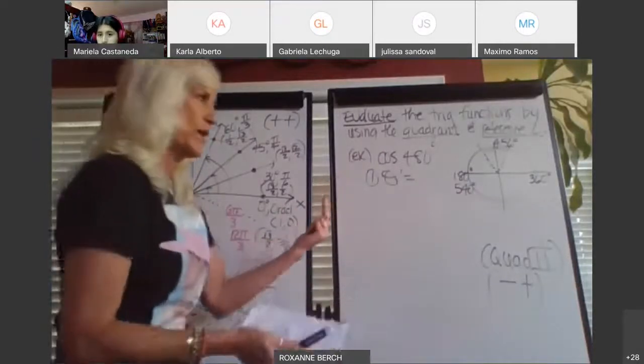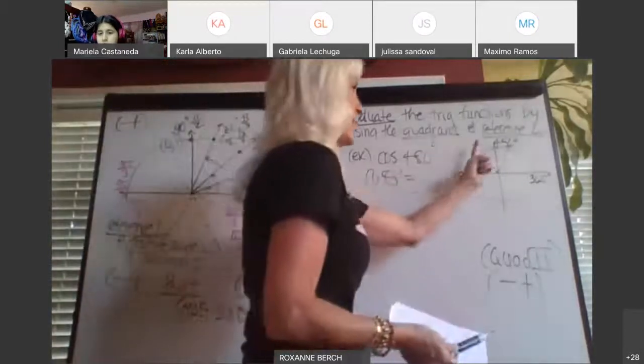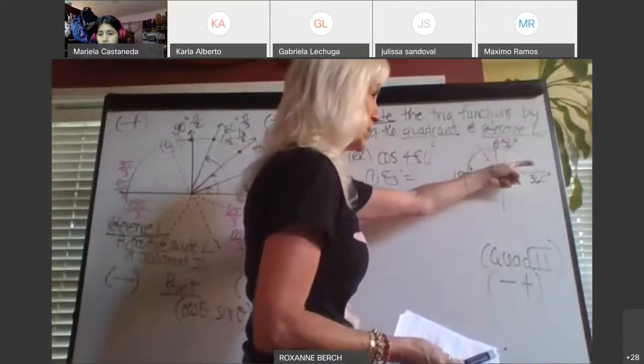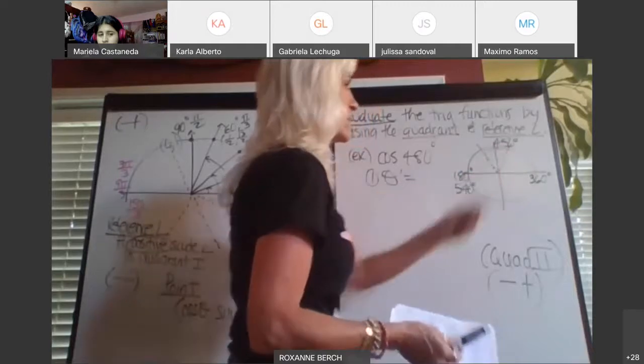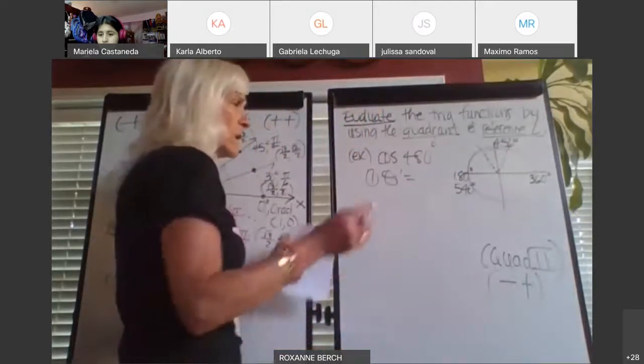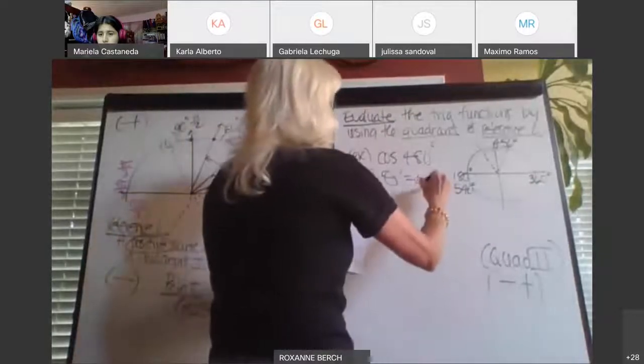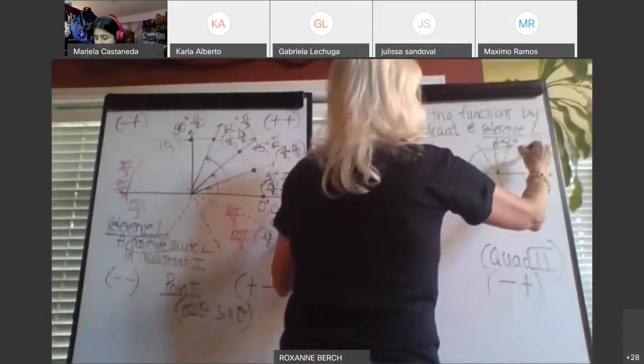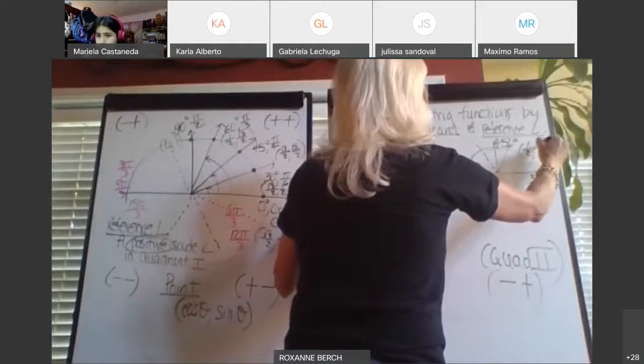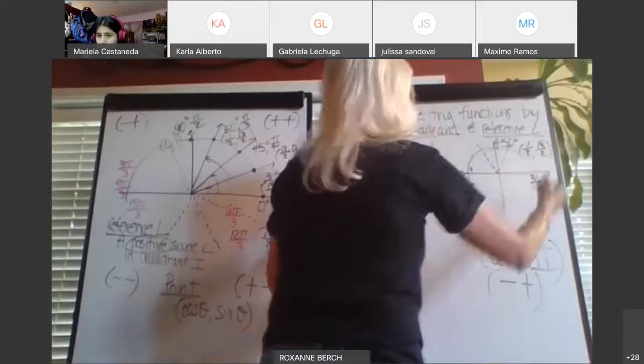Because since it's 30 away from 450, it would be 30 away from there. Remember, this is 30, 45, 60, right? So our reference angle is going to be the 60-degree angle, and the ordered pair is 1/2 and radical 3/2.